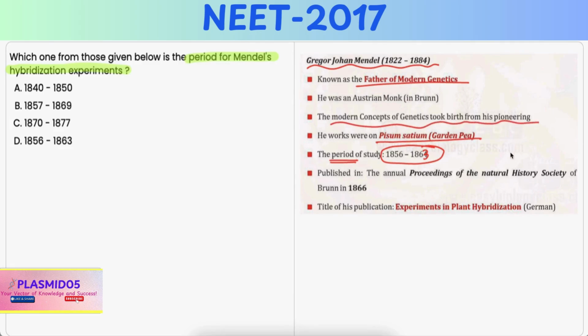And his findings were later published in 1866 in the paper entitled Experiments on Plant Hybridization. Thus, the correct answer is option D, that is 1856 to 1863.